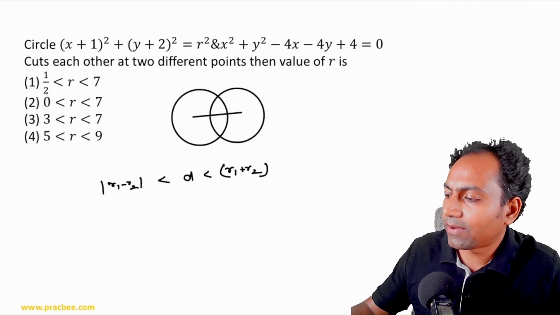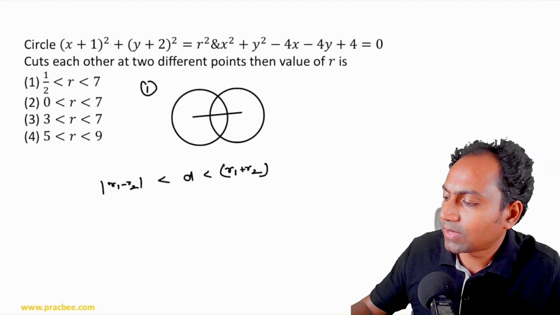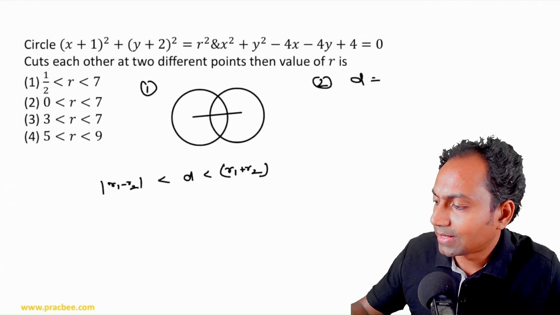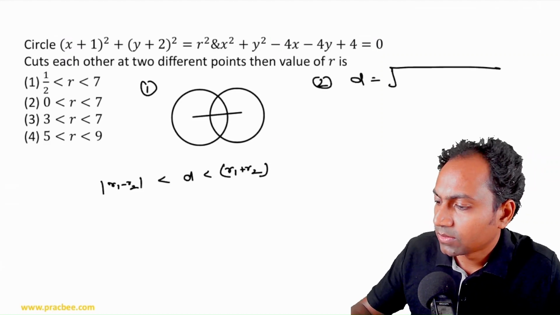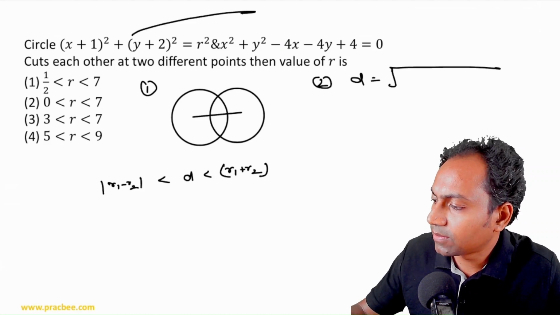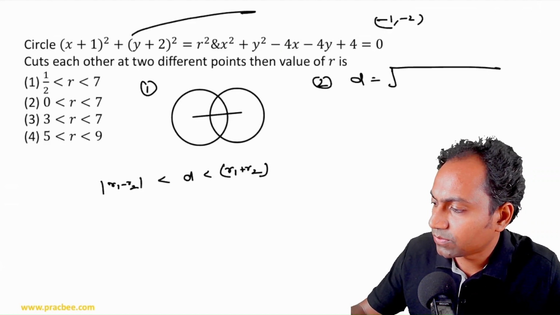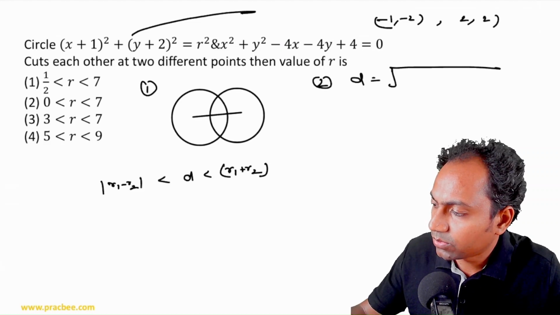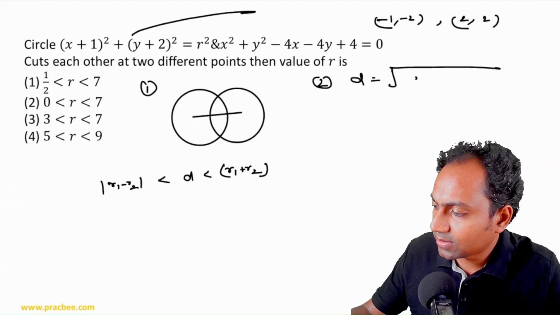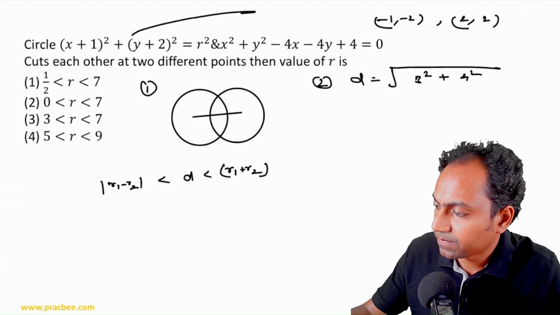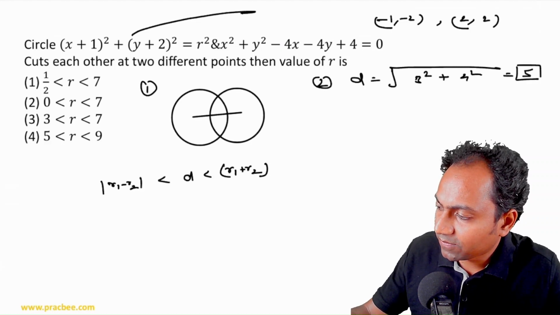Now in order to apply this condition, you will have to find the value of D, that is the distance between the centers. The center of the first circle is nothing but (minus 1, minus 2). The next one is nothing but (2, 2). So if I apply my formula, this comes out to be root of 3 square plus 4 square. This is nothing but 5.